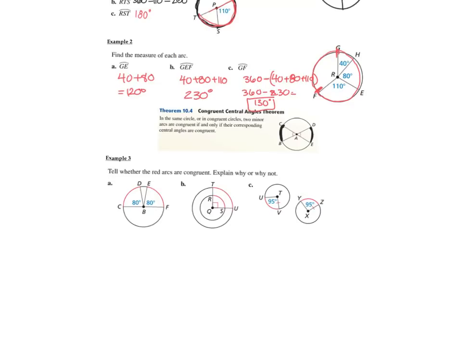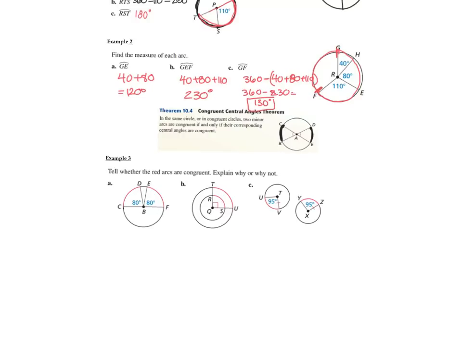So let's look at example A. It says, tell whether the red arcs are congruent. Explain why or why not. If we look at arc CD and arc EF, those are going to be congruent because, as you can see, they are in the same circle, right? And they have congruent central angles.